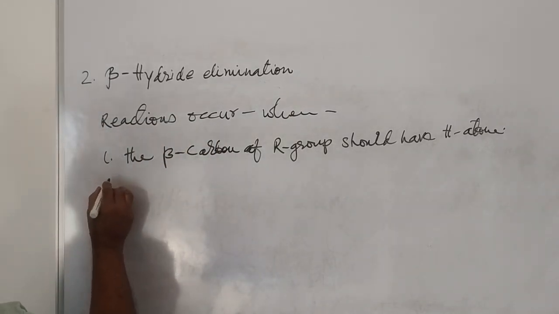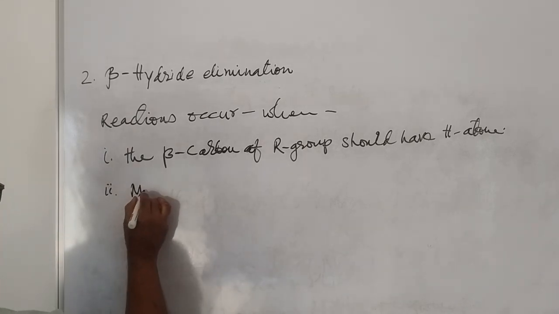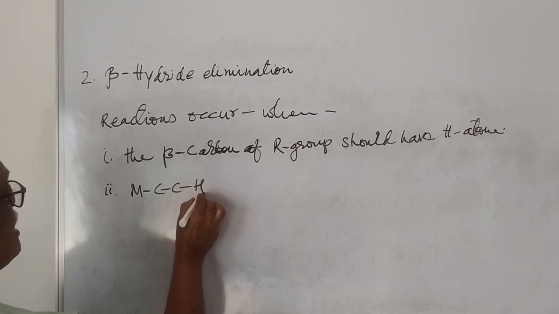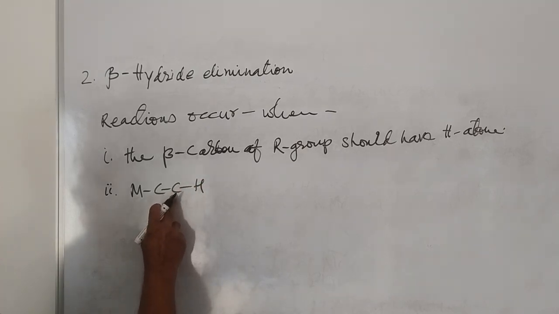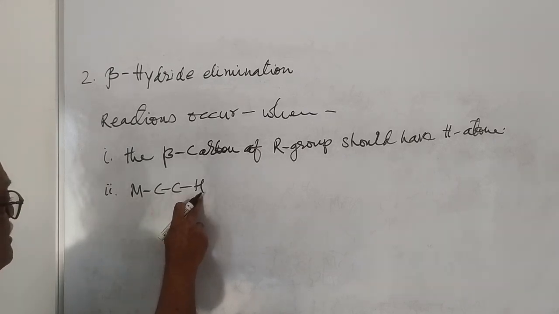Then second condition is that the metal, alpha carbon, beta carbon and hydrogens, that is beta hydrogen. This is alpha carbon, then it is beta carbon and that hydrogen.